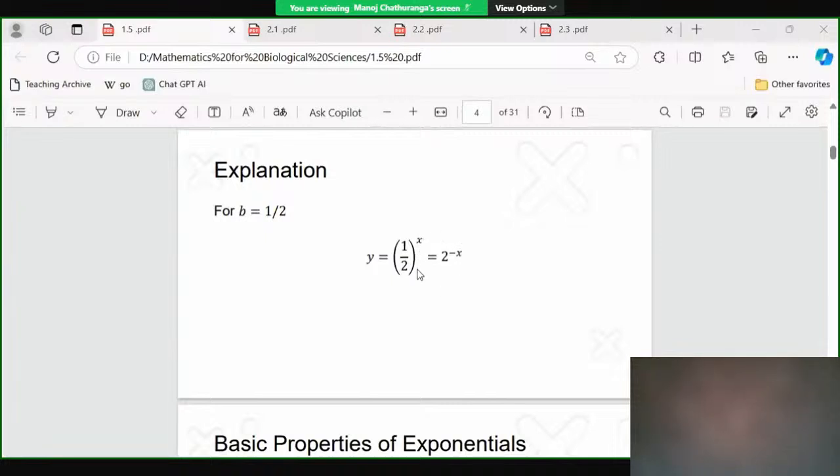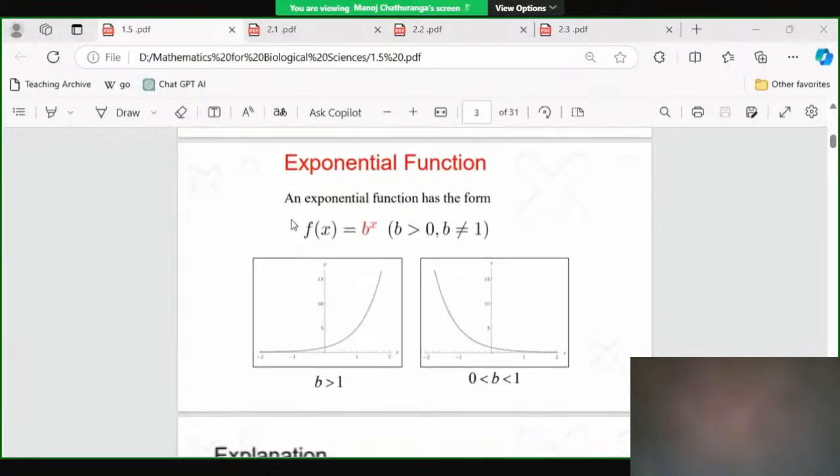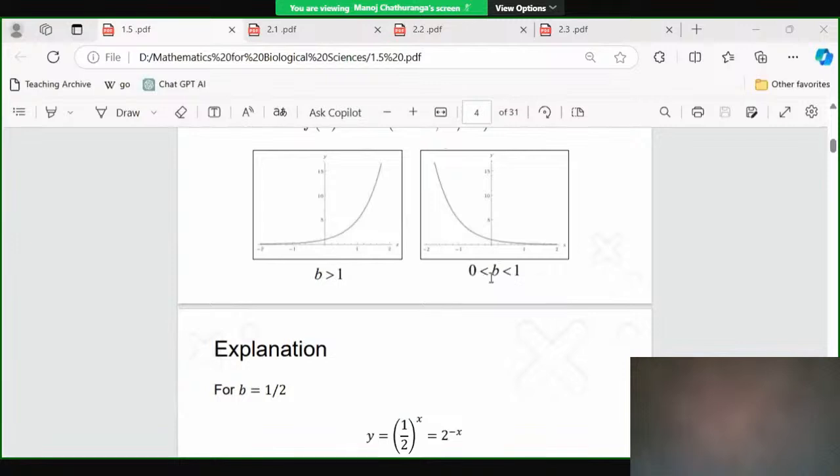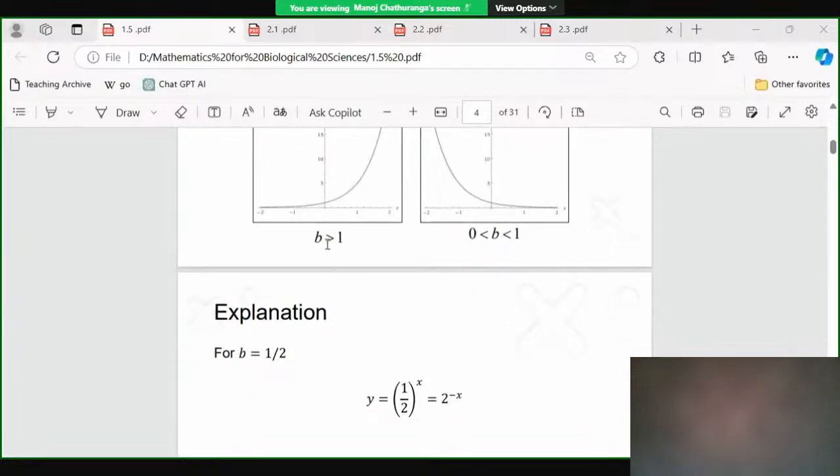So you can take this fractional base, something in between 0 and 1, some fraction, and change it to something bigger than 1 by changing x to minus x. So for example, 1/2 is not unique. You can choose, like, b equals 1/3.